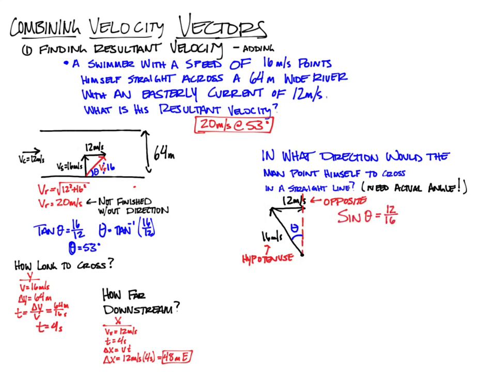The sine of this angle is 12 over 16 because 16 is the hypotenuse there. So that angle is sine inverse of 12 over 16. And when we calculate it, that angle comes out to be 48.6 degrees. That's the direction we'd have to point ourselves. But 48.6 isn't right because we're measuring everything from east. So we'd have to add 90 degrees to that. And so the direction at the end of everything is 138.6 degrees. I'm going to be kind of lenient on this for a little bit, but eventually all your things need to be measured from that angle.